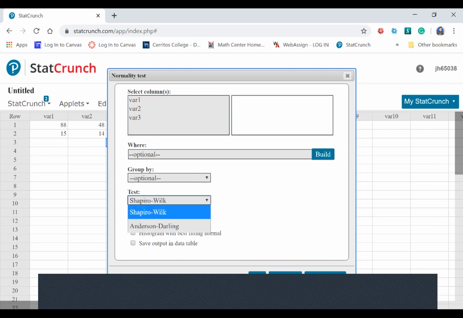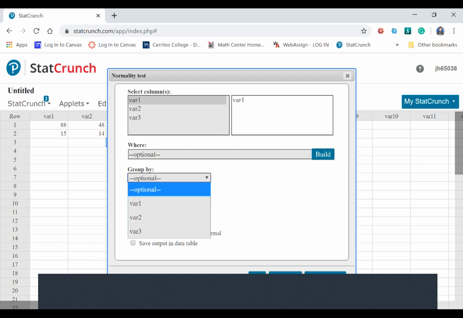Test is Shapiro-Wilk. Do I want Shapiro-Wilk? Select columns, variable 1, variable 2, variable 3. Okay, build, where, group by. Nope. Histogram with best fitting normal, save output in data table. Okay.